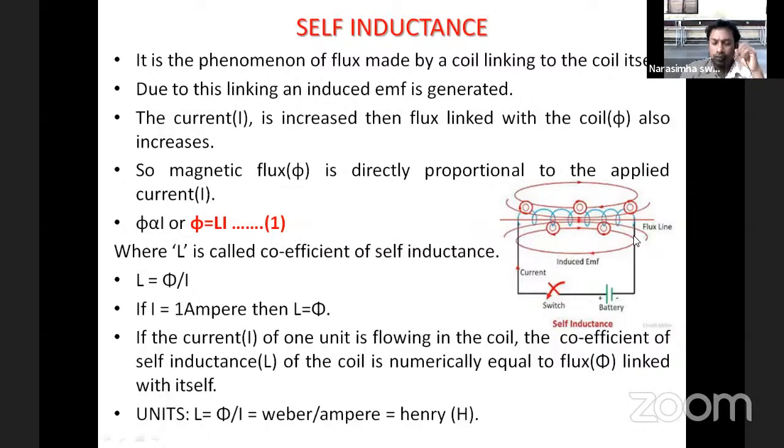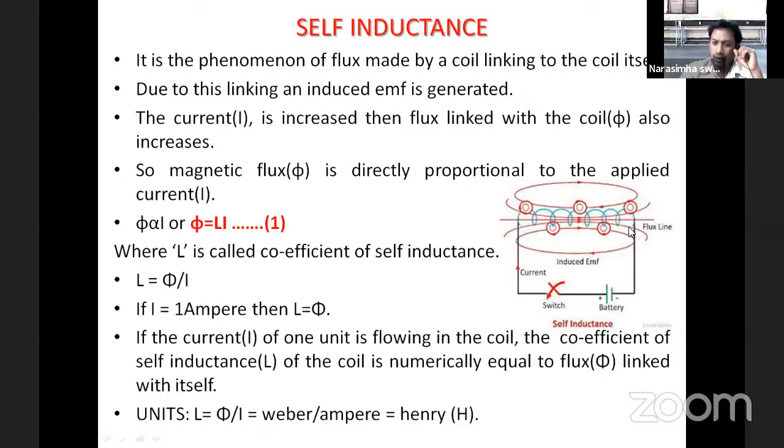As per Oersted's experiment, whenever current is flowing, a magnetic field will be generated. You can see the magnetic lines over here. It is a solenoid now, and through this solenoid the current is flowing, and definitely a magnetic field is also generated.